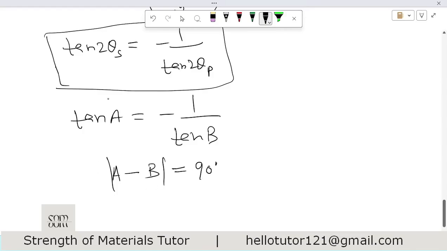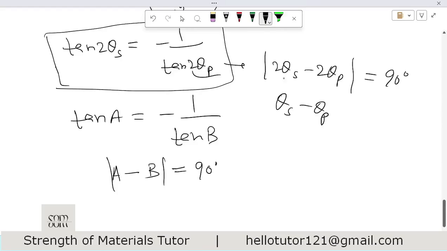Now we have 2 theta s, so 2 theta s minus 2 theta p is equal to 90 degrees. So theta s minus theta p, if we divide both sides by 2, is 90 divided by 2, which is 45 degrees.